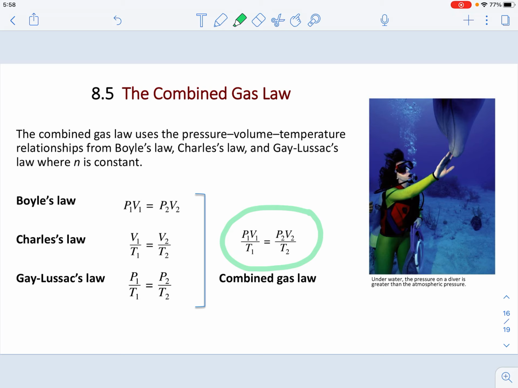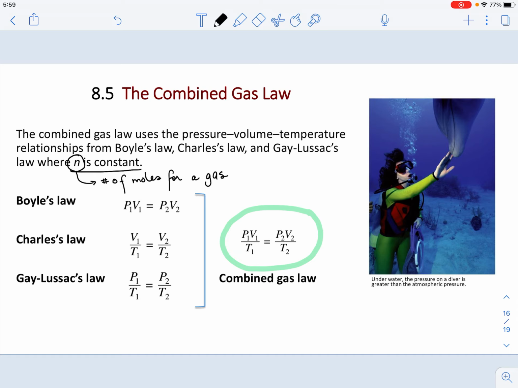Now, in order for combined gas law to be true, N is constant. And remember that N is going to be the number of moles for a gas. Okay? I always want to say that combined gas law is going to be the most useful equation.